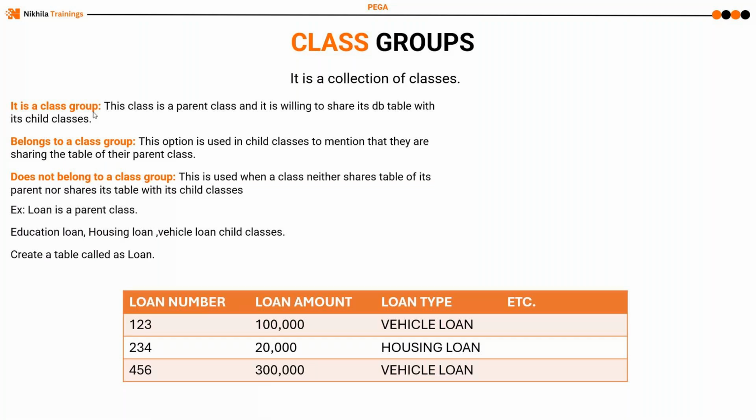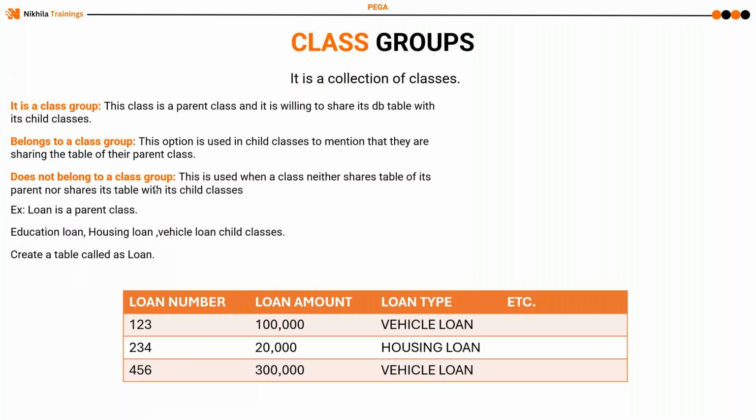Belongs to a class group means I am a child class and I am willing to reuse the parent class table. Does not belong to a class group means I have my own table, no sharing, nothing.